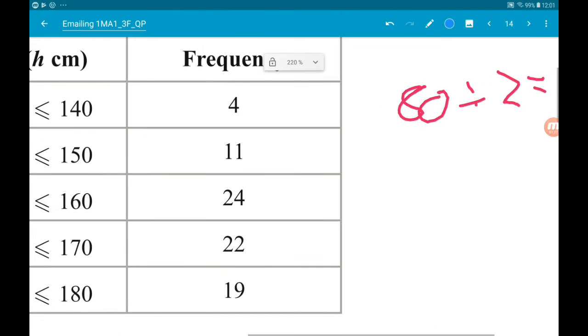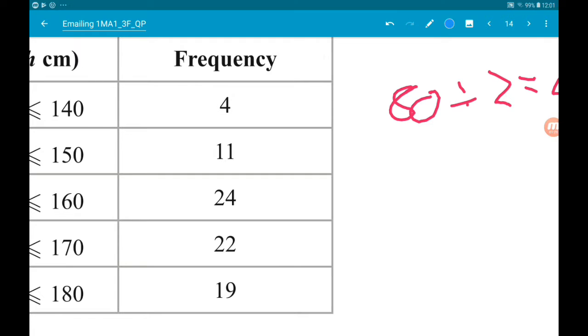So, if we go in from the top, we have 4, add 11, it's 15, add 24 is 39, add 22 is 61.